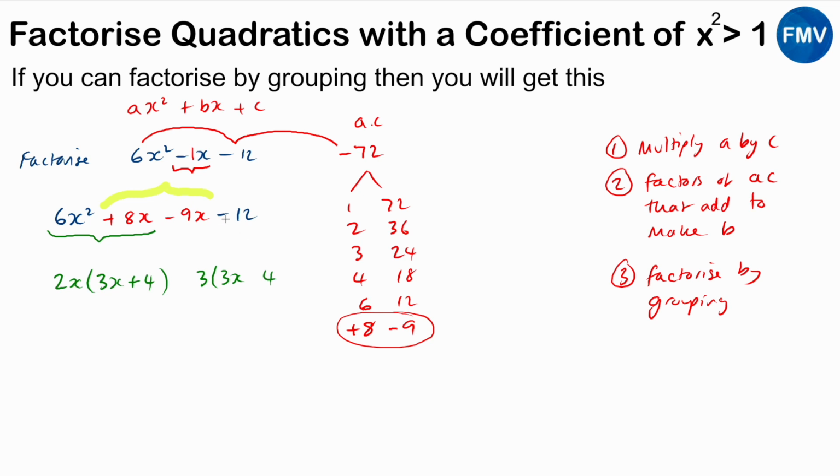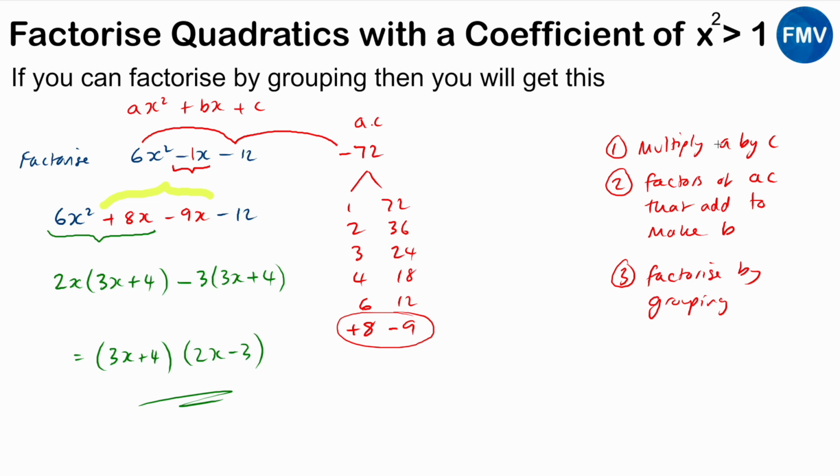Now, there's a minus there, so if you're unsure of what to put here, look at the one before. I want to have a positive in there because I want them to be the same. Close that bracket, which means that this one must be a negative, and that works because a minus times a plus gives me a minus, and a minus times a plus gives me a minus. Let's just bring those together. So we are left with 3x plus 4 and 2x minus 3, and that is factorised.